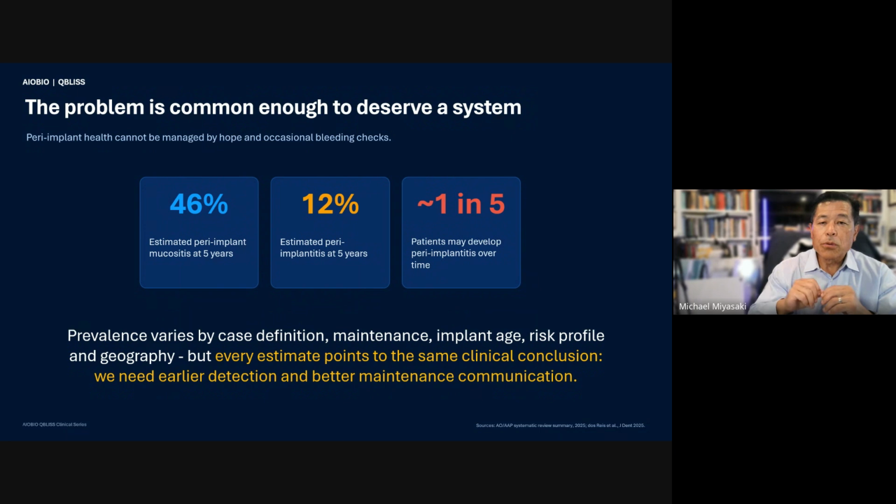But there's an important conclusion that we need earlier detection and then better maintenance communication, because at least in the United States, when patients have implants placed, they're making a fairly large investment. And although we know that it doesn't necessarily mean that it's going to last forever, our patients kind of expect that.